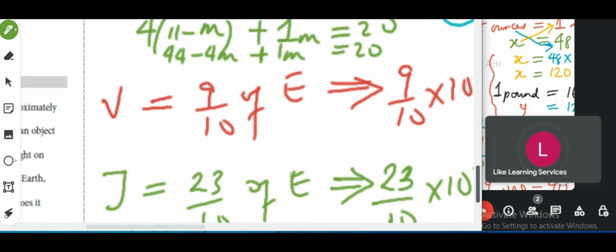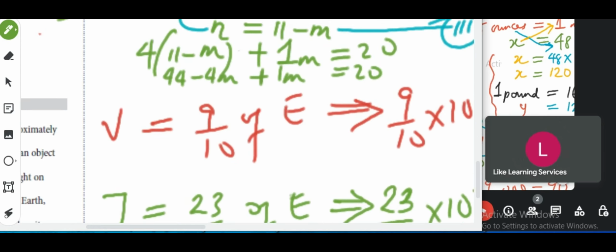So how do we do that? Just collect like terms. You have minus 4m plus 1m equals 20 on the other side, and then we begin to bring some things across too. 20, then minus 44.